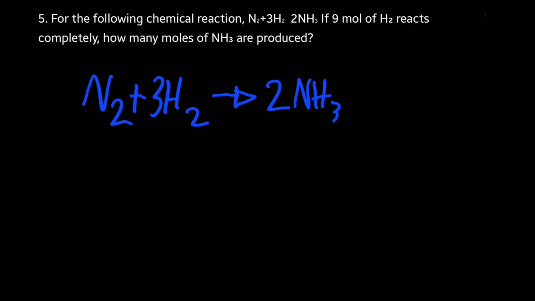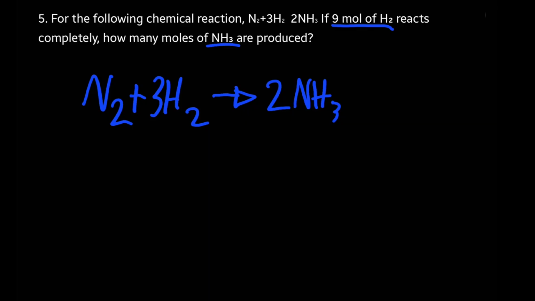Now this is about limiting reactants. Basically, what this asks for is if we have 9 moles of H2, how much NH3 could we theoretically make?